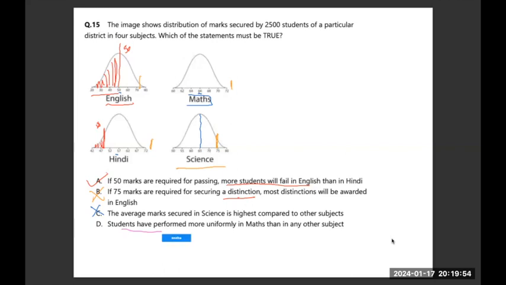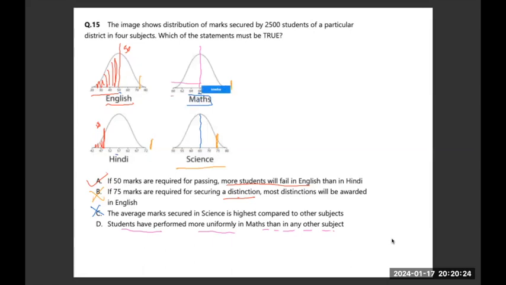The students have performed more uniformly in maths than in any other subjects. So in maths, from the median, one second, this difference is 60, I think it's 60 only, this number.